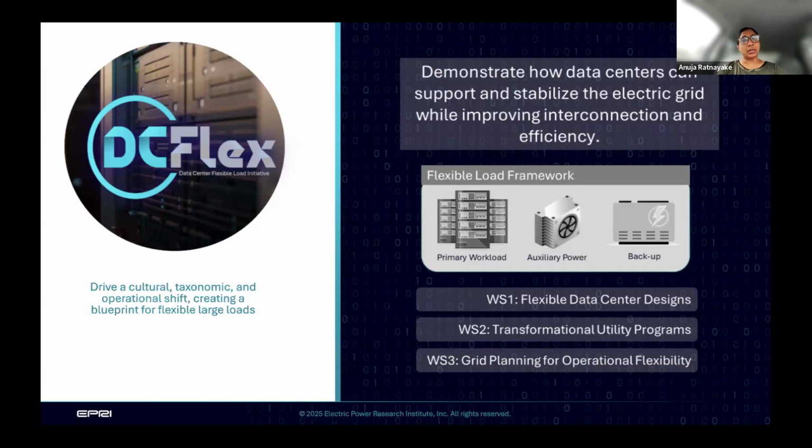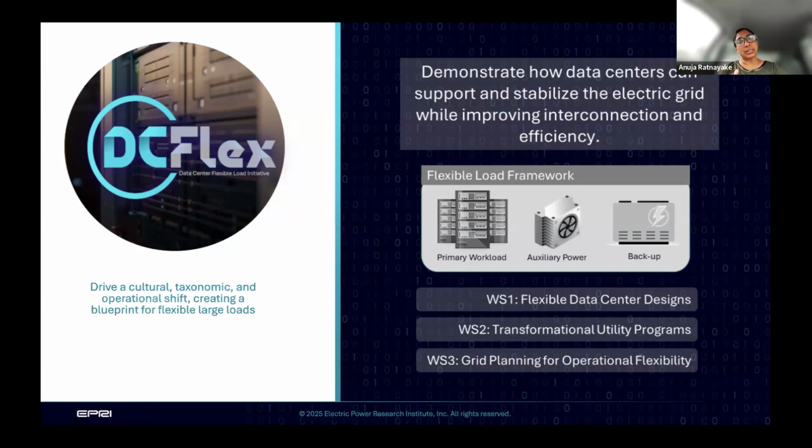Similarly, what we are really trying to get out of this work stream one holistically is, what is the reference architecture that we can offer to the data center industry, to the point that the data center industry would be able to understand the requirements of being a grid resource and how to incorporate that into their day-to-day practices, both on the design side as well as on the operation side.